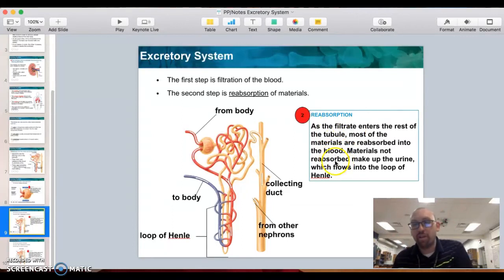The good things, like some of the glucose, are reabsorbed back into the bloodstream at a healthy level.